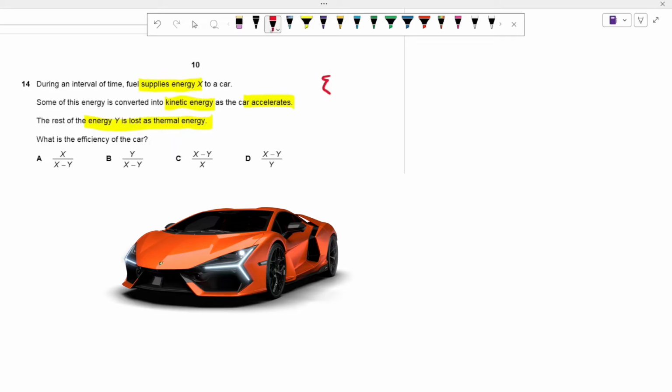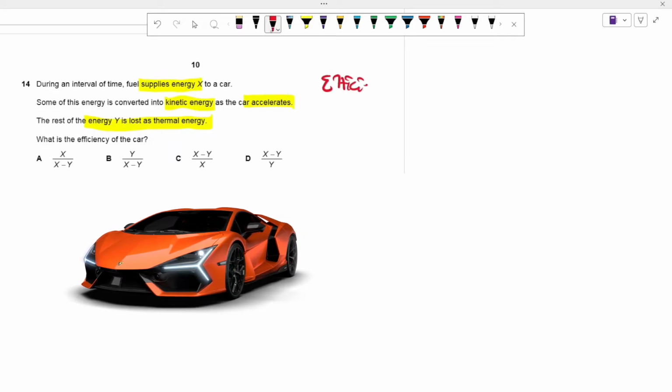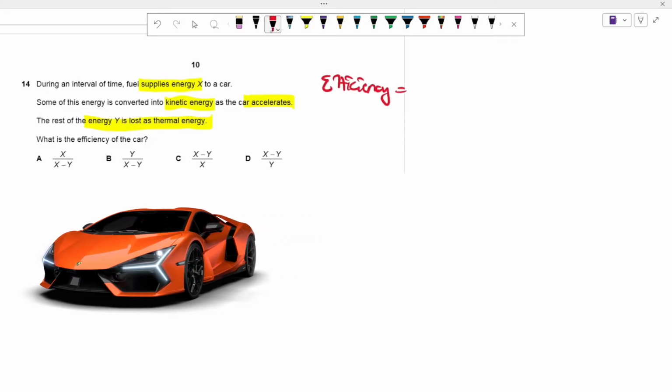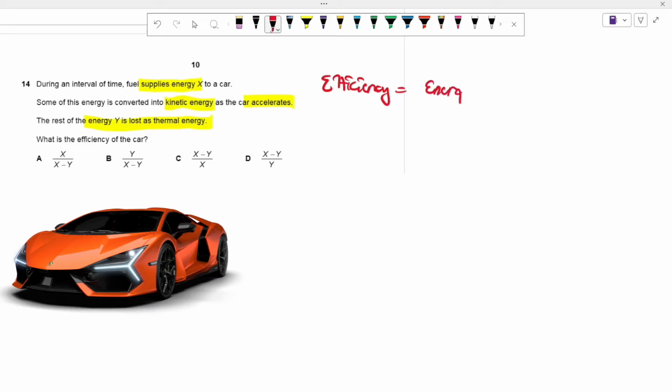What do we know? We know that efficiency is essentially the energy output, what you get out, divided by what you put in. Even in physics, if you don't get anything out, even if you put something in, you're not efficient.